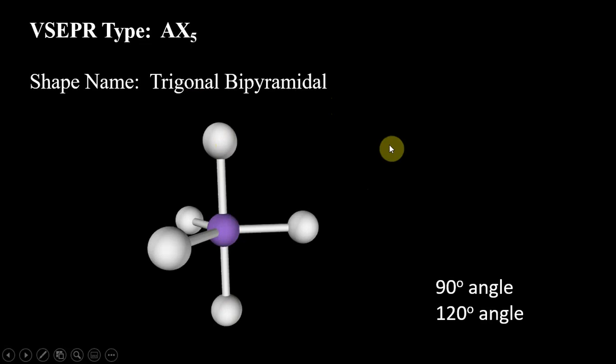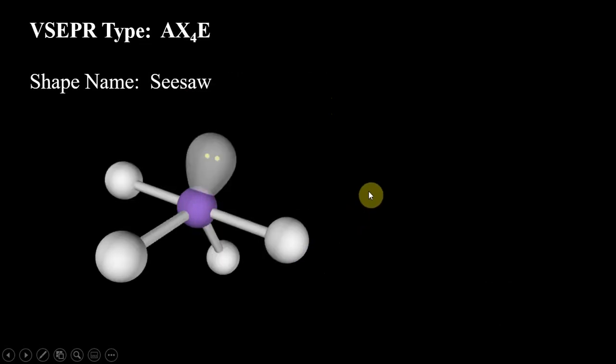So when we remove a bonded pair of electrons and replace it with a non-bonded pair, now we get what we call a seesaw effect. It's the ones in that trigonal planar region in the middle that seem to get replaced in this family.